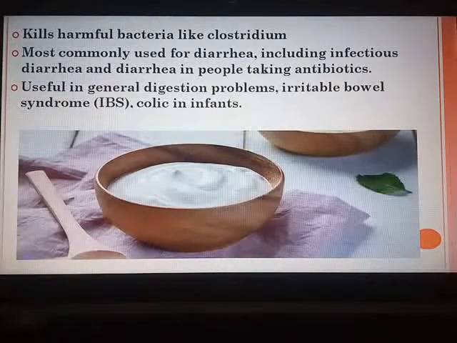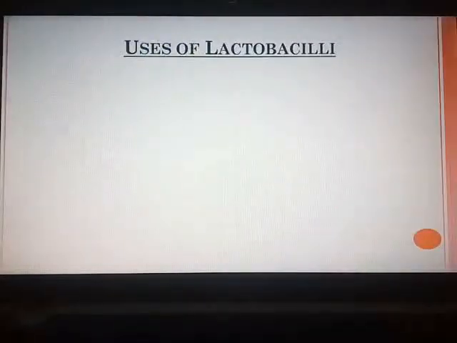So lactobacillus is a type of bacteria which is found in our intestine and is a very useful microbe. Let us move towards the general uses of lactobacilli.